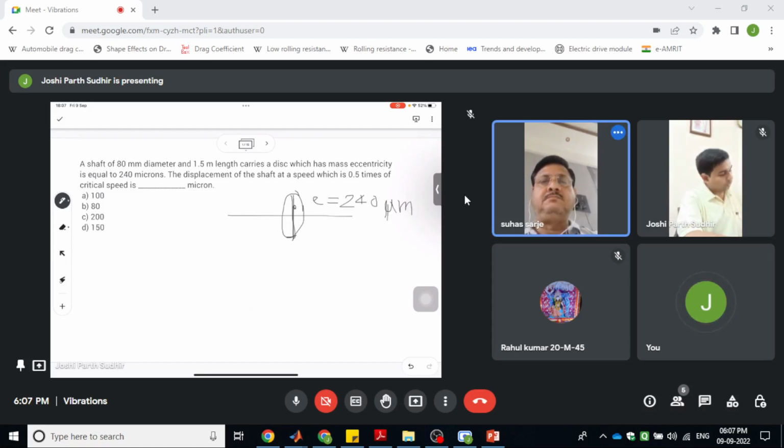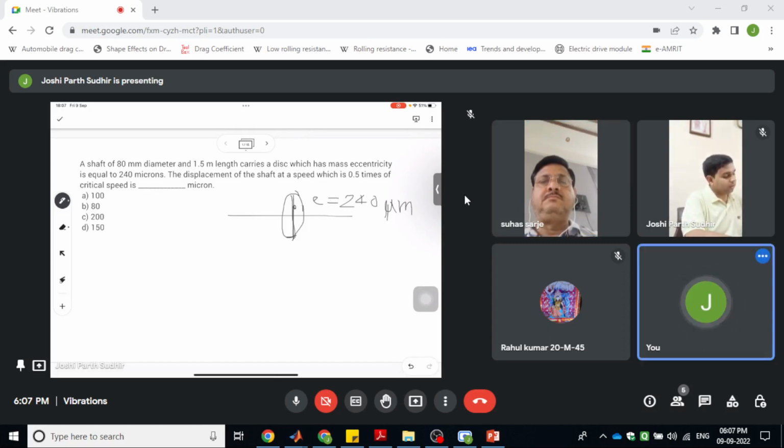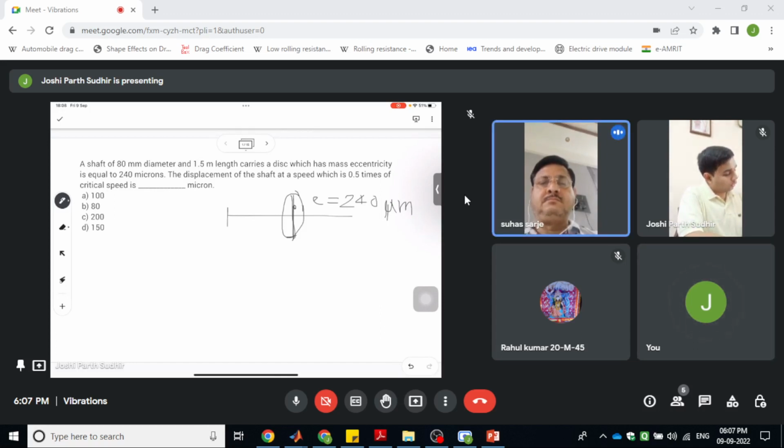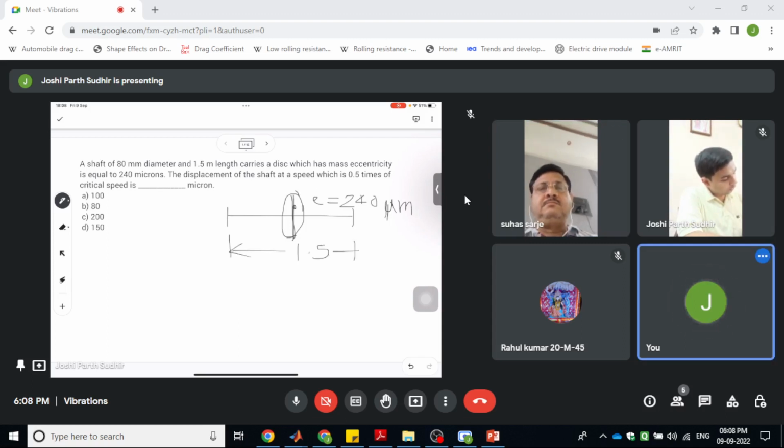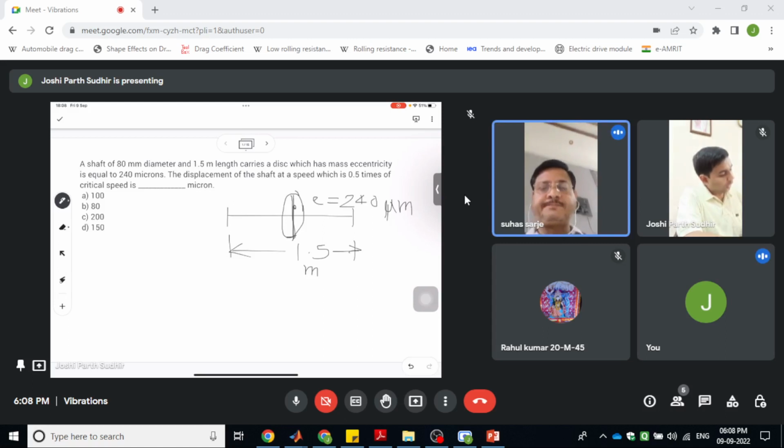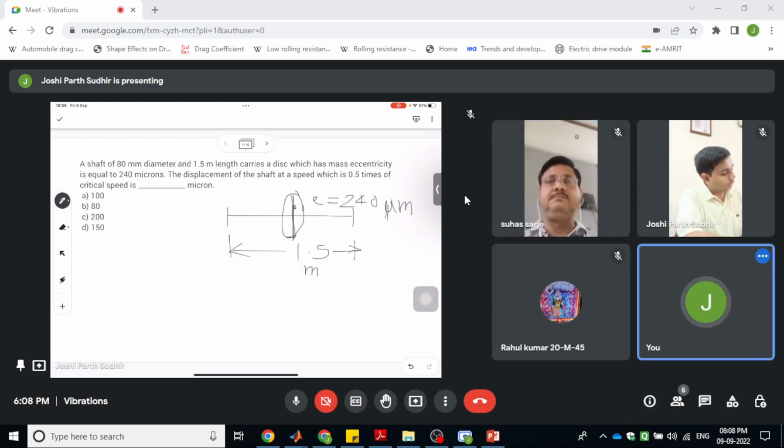It has been asked to find the displacement of the shaft at a speed which is 0.5 times the critical speed. So the shaft is 1.5 meters long, and it has a diameter of 80 mm.